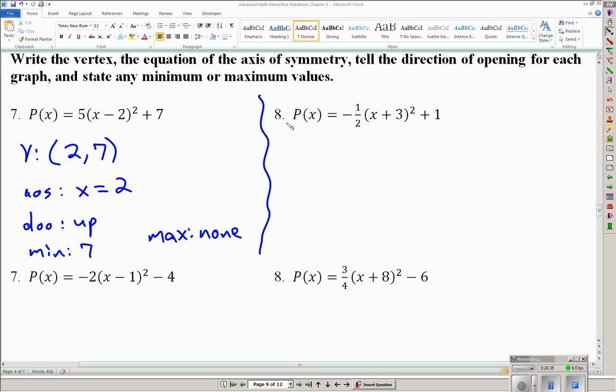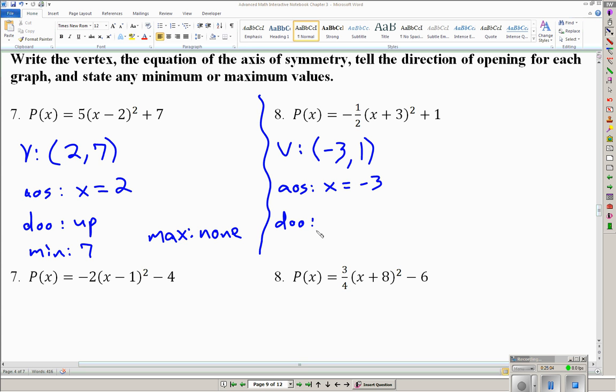Number 8, p of x equals negative 1/2, parentheses x plus 3, the quantity squared, plus 1. The vertex is (h, k). H gets the opposite of this. Opposite of 3 is negative 3. K keeps the sign. It's a positive 1. Axis of symmetry is x equals h, so x equals negative 3.